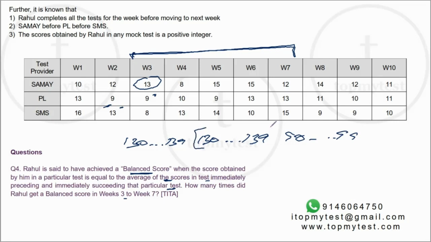Now let me illustrate this and we can use this very quickly for the others as well. The minimum average would be these two, right? 130 plus 90 will be 220, divided by 2 will be 110, or if I just use the first digit, it will be around 11.